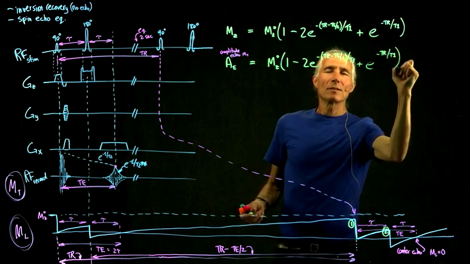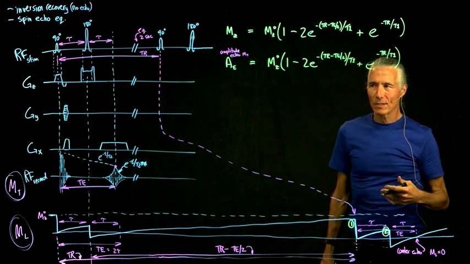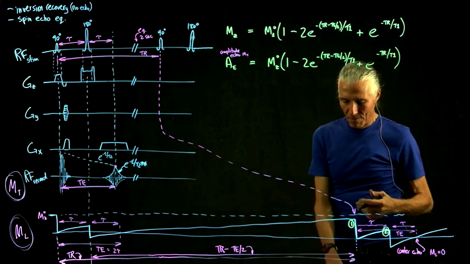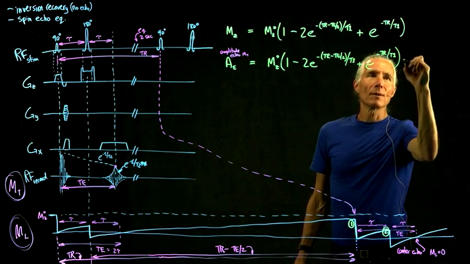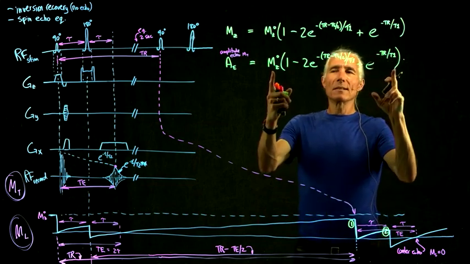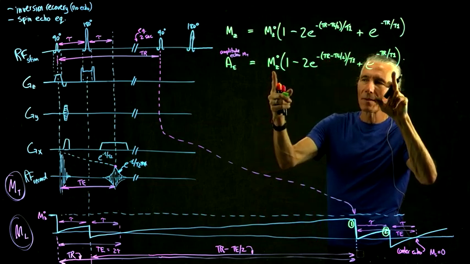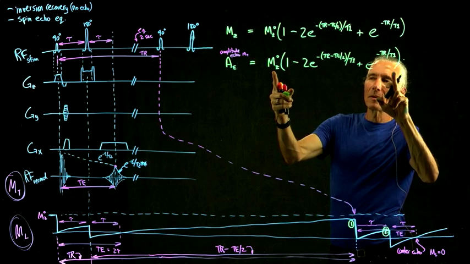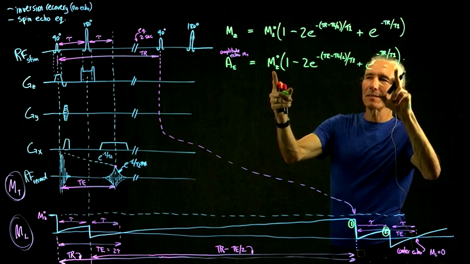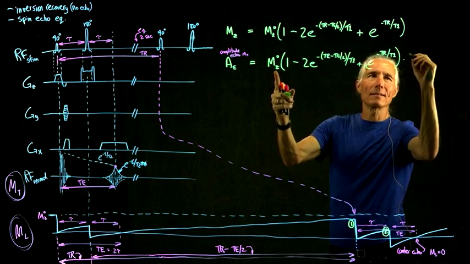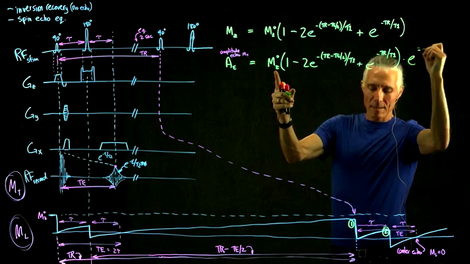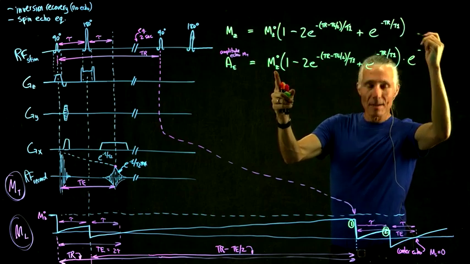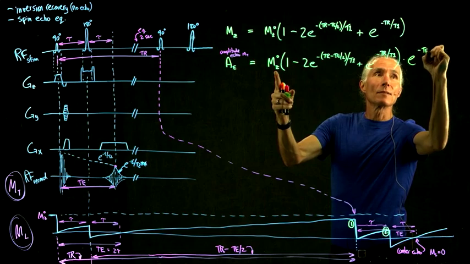But now we're going to use the solution to the Bloch equation for T2, and what is that? It's just the starting magnetization, the MXY 0 plus. So this whole thing is the starting magnetization times e to the minus TE over T2.